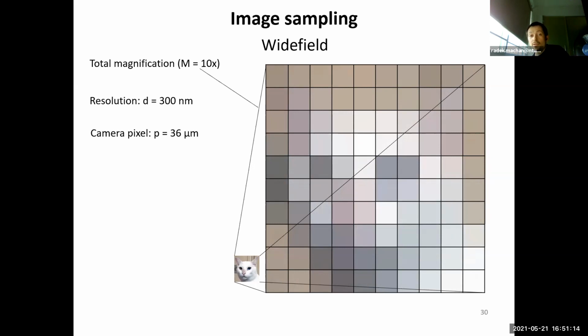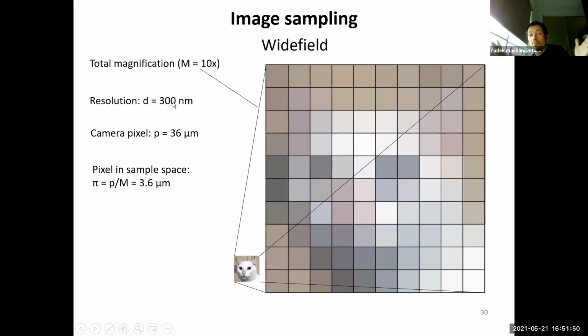So obviously I need to have a camera with finer pixels. Here the pixel, because I have 36 micrometers, corresponds in the sample space to 3.6 micrometers, that is 36 micrometers divided by the magnification. And you see that this is obviously much larger than the resolution.